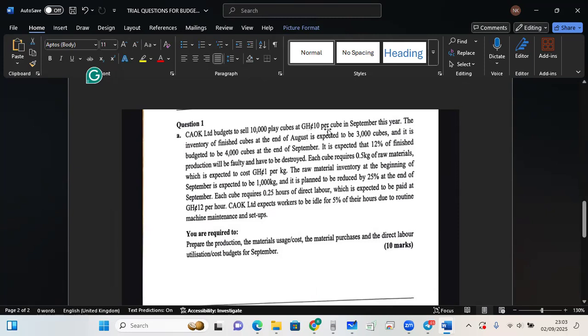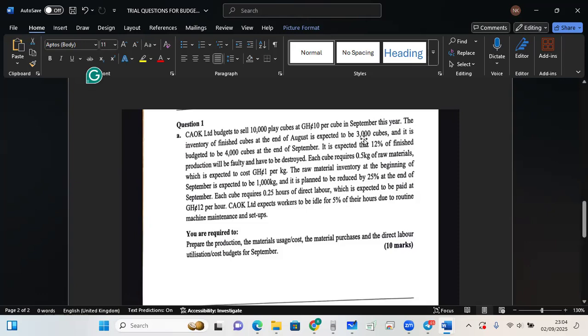Cubes are 10 cedis per cube in September this year. The inventory of finished cubes at the end of August is expected to be 3,000 units, 3,000 cubes. Here, closing stock as well has been given to you in units already. You don't need to do any further calculation. Now, it is budgeted to be 4,000 cubes at the end of September.